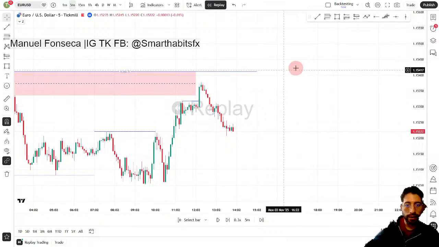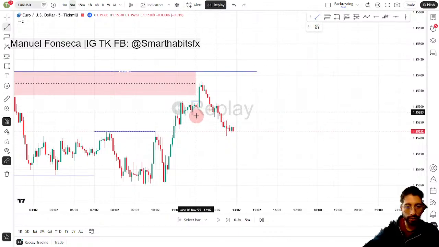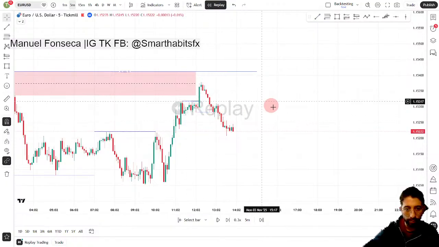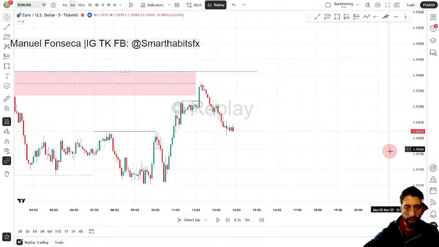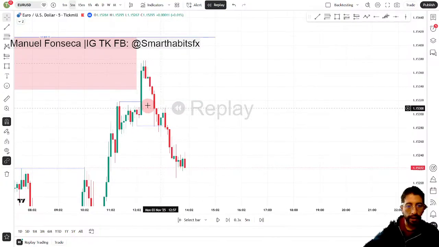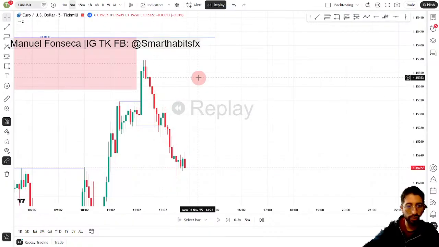In that case, this is what I would do: I will spot my entry area, which I would select here. This is the confirmation: it made a liquidity sweep, and after the liquidity sweep, it made a break of structure, which is this one. I really prefer to grab the one that has more liquidity.